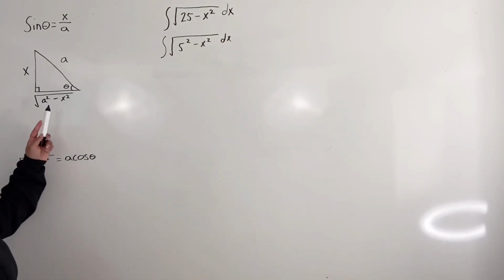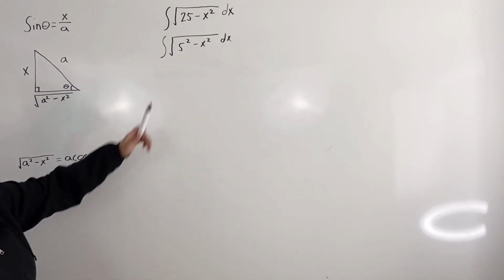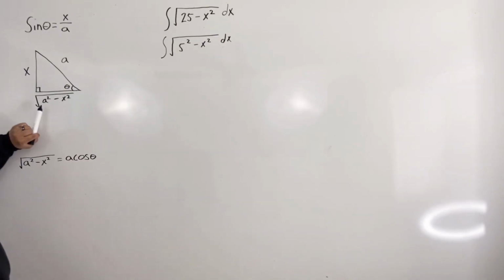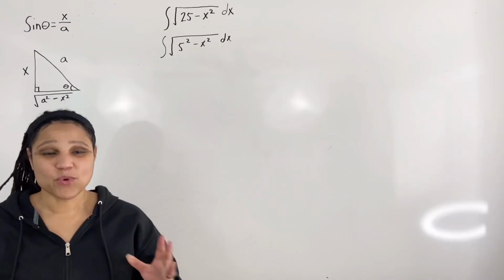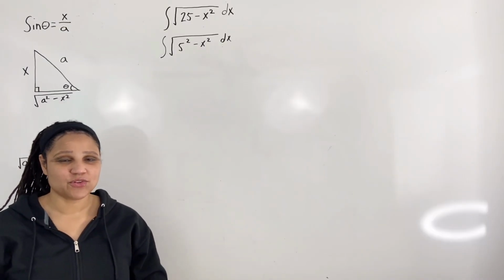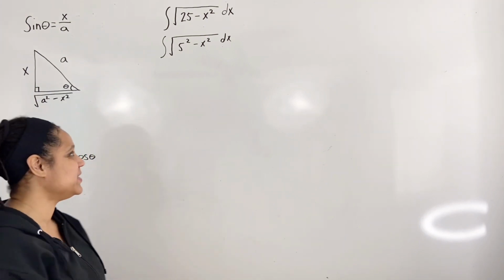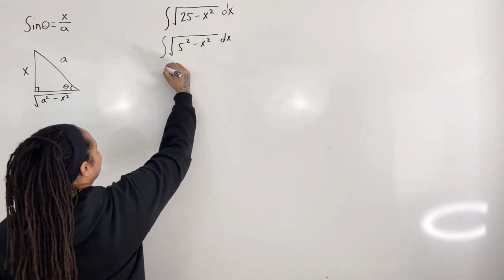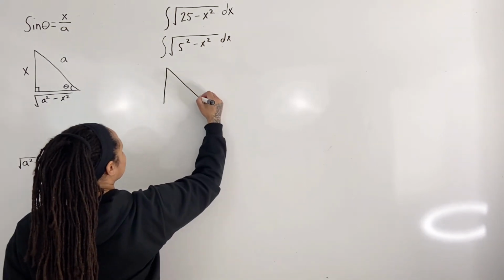So clearly we see that we are going to use the sine equation because 5 would represent our a in this case. We see it's in the form a squared minus x squared. Once you identify the triangle, go ahead and draw it and write the trig equation next to it. So my triangle is going to look like this.